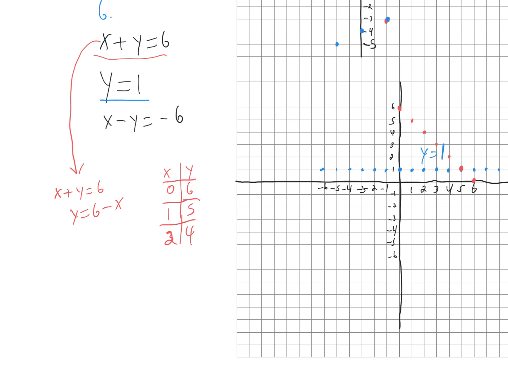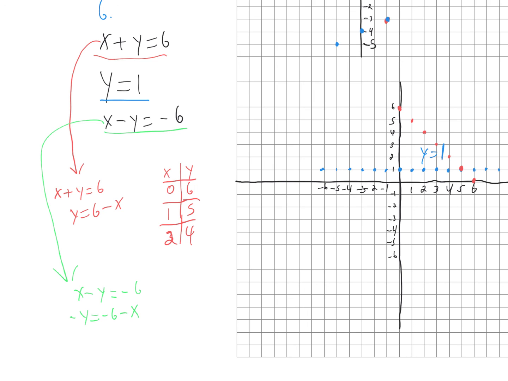So now I'll do this third one here in green. This one would really be, if I have x take away y equals negative 6, then I can say y equals... I want to take away x from both sides. So I have negative 6 take away x.